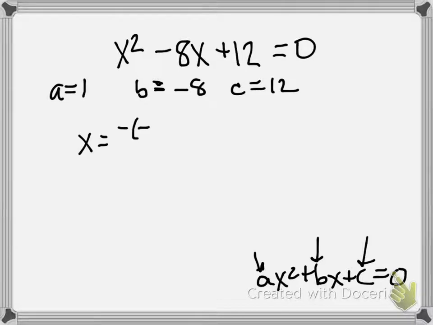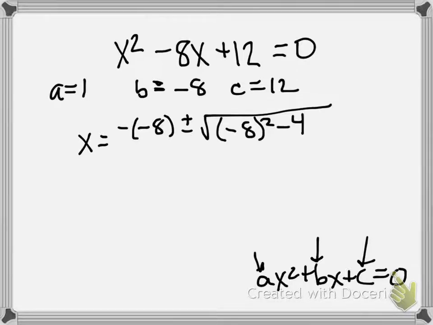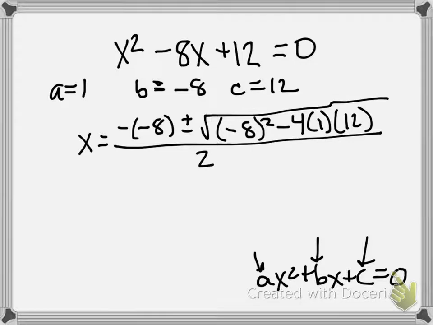So this is going to be -(-8) plus or minus the square root of (-8) squared minus 4 times A times C, all over 2 times A.